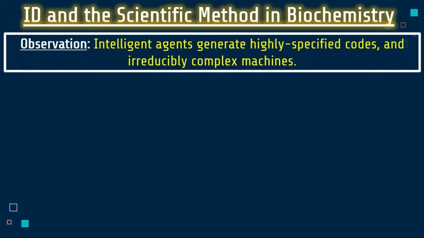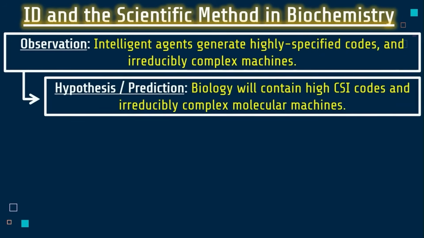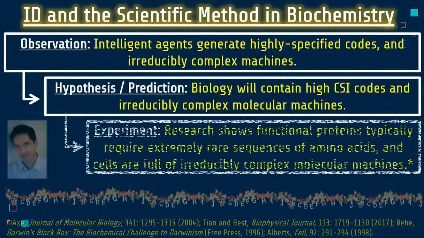We start off with the observation that intelligent agents generate highly specified codes and irreducibly complex machines. We then make a hypothesis or prediction that biology will contain high, complex, and specified information codes and irreducibly complex machines. And then we can do experiments.